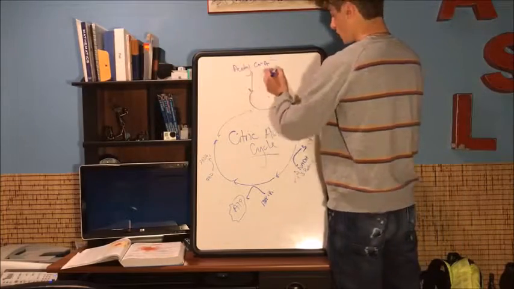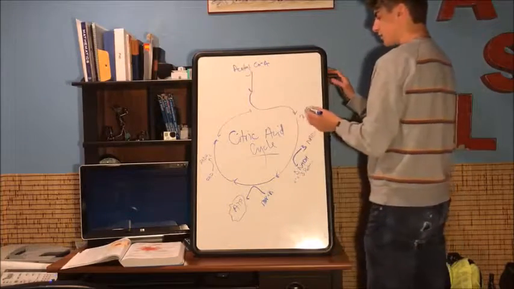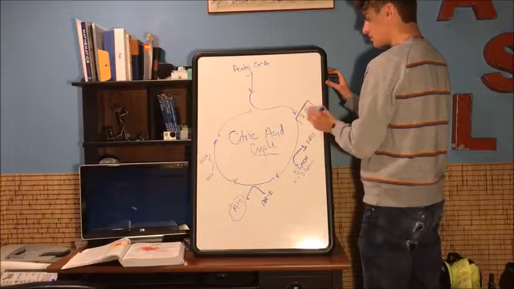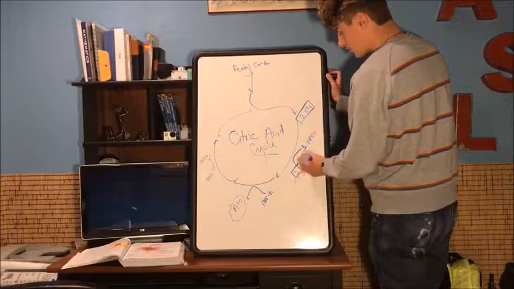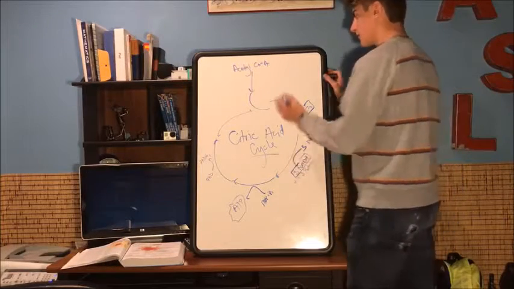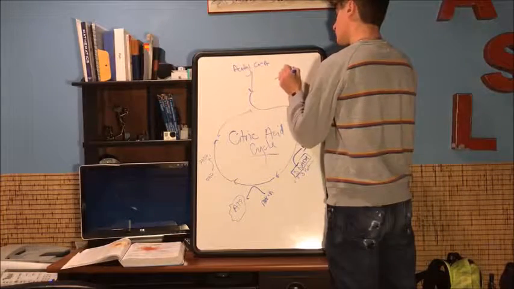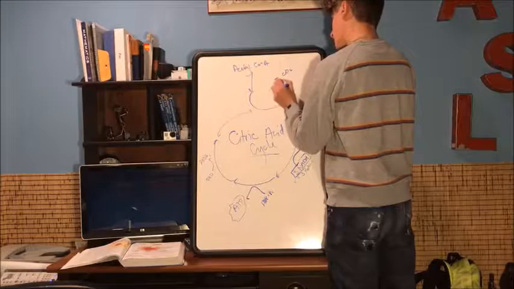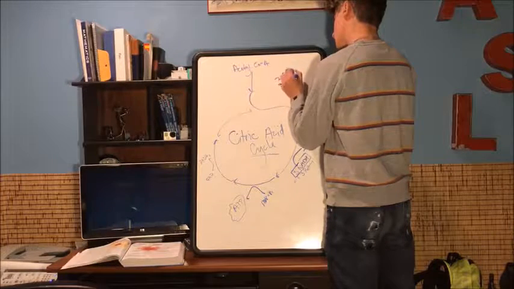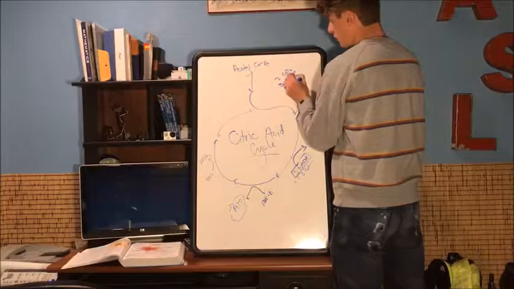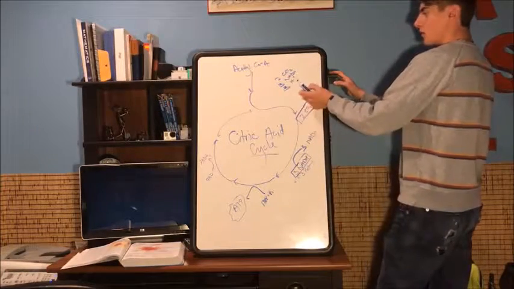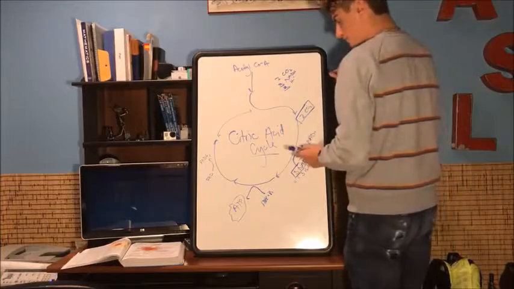So with acetyl-CoA, we end up with 2 CO2, 3 NADH, that's the high energy one, and 3 positive hydrogen, which is just a proton.